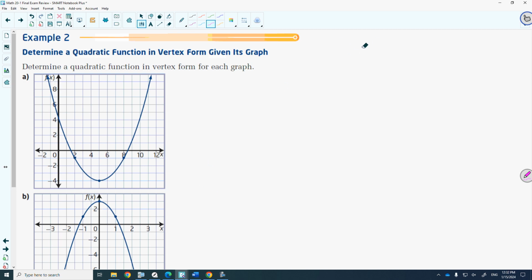These are really good because you'll be getting one of these questions. These are asking you to determine a quadratic function in vertex form for each graph. So it's asking y is equal to a, x minus p, close brackets, squared plus q. So I won't give you time right now to do it. You'll have time at the end of the lesson, and you could do these too.